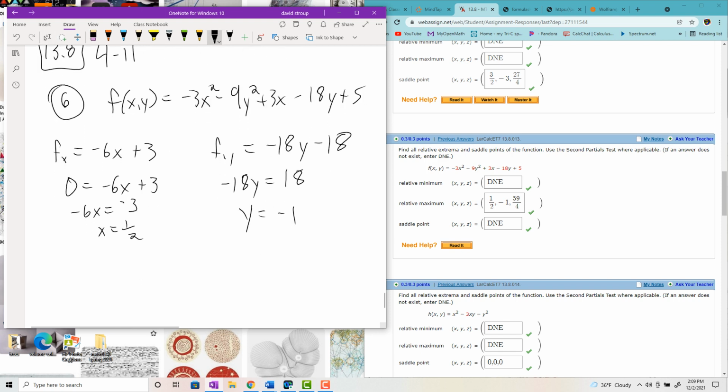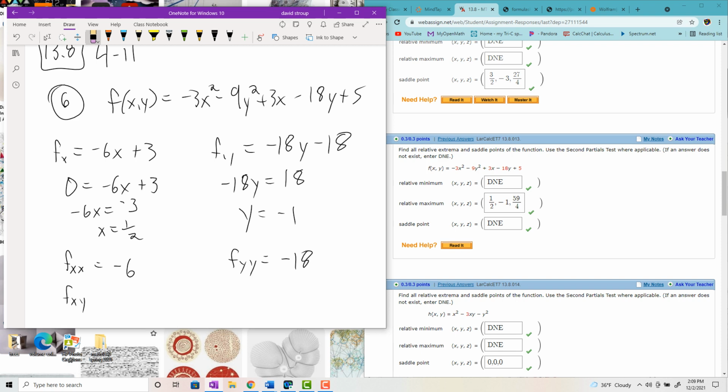Then you need to investigate your d value. So for that, you need to get fxx, fyy, and then fxy. So fxx is going to be -6, fyy is going to be -18. And then fxy I need as well.